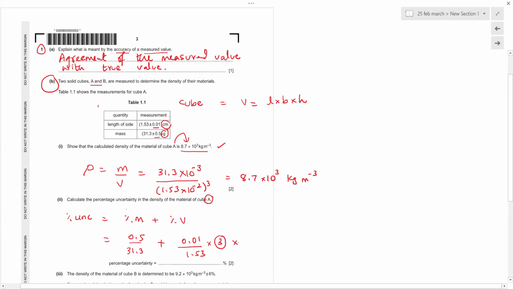Because it has three lengths, length cubed, we have to multiply it with 3, and times 100 here as well. So once you solve these two, what you get is 3.55, which can be rounded off to 4% exact. Okay.